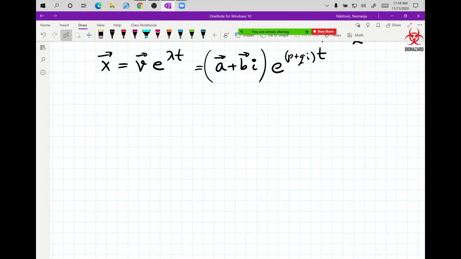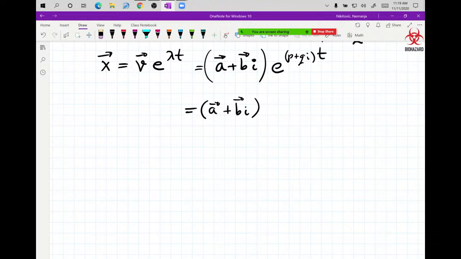So in this case, we are going to change our e, using the Euler formula, just like we did before, into cosine.